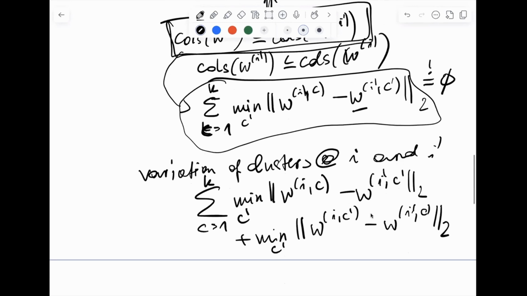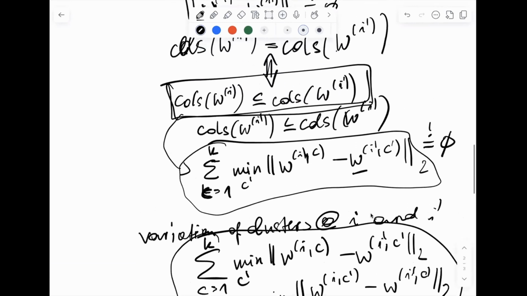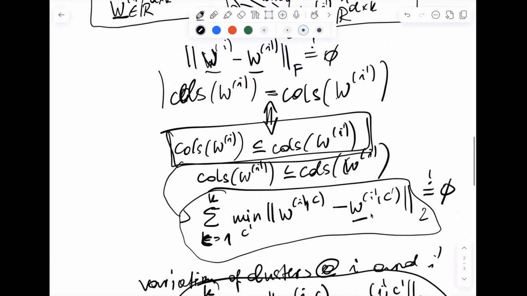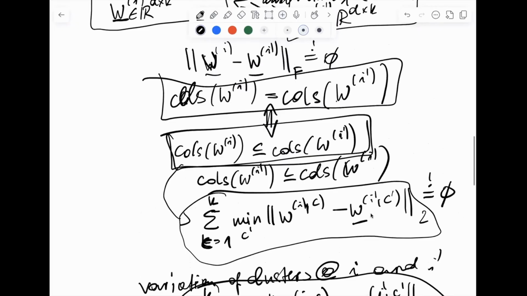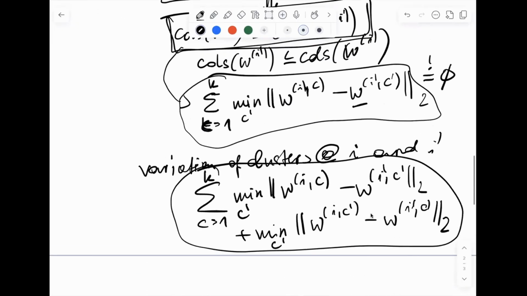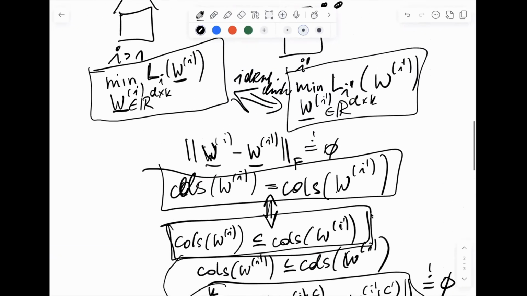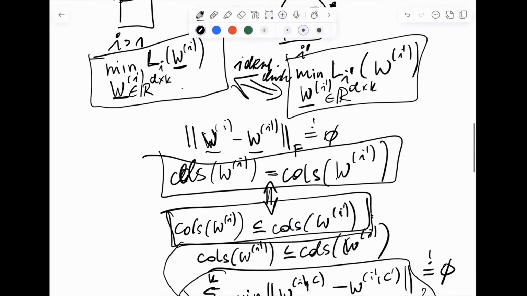Okay, so it turns out this quantity is 0 if and only if this consensus is valid. So if and only if the sets of cluster centroids coincide between those two nodes, I and I prime.